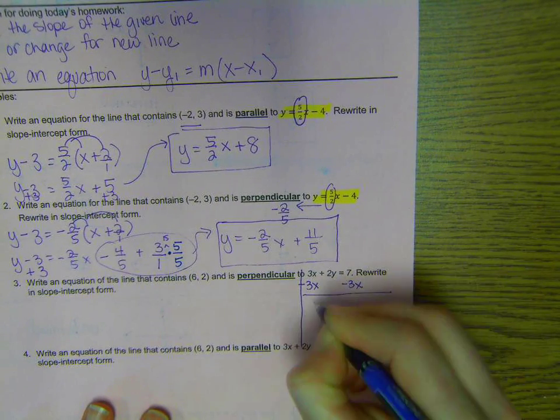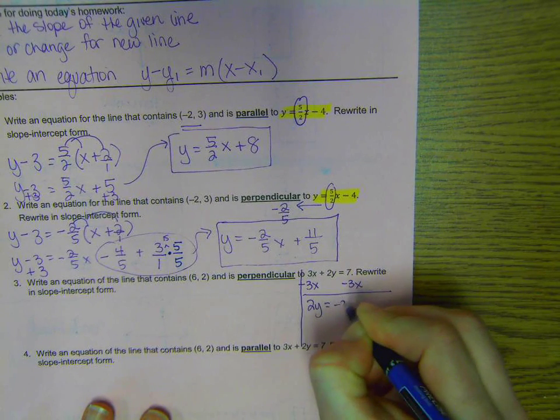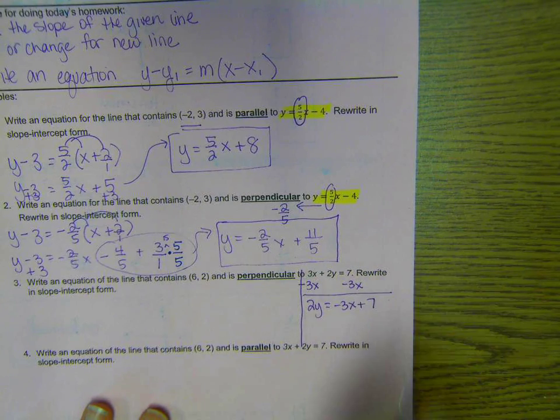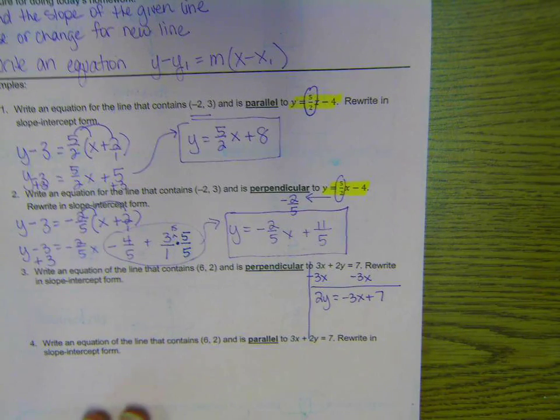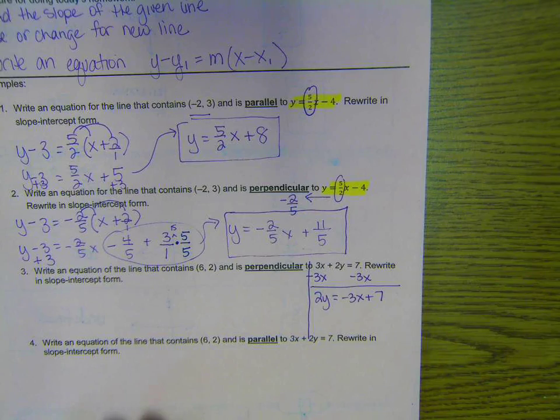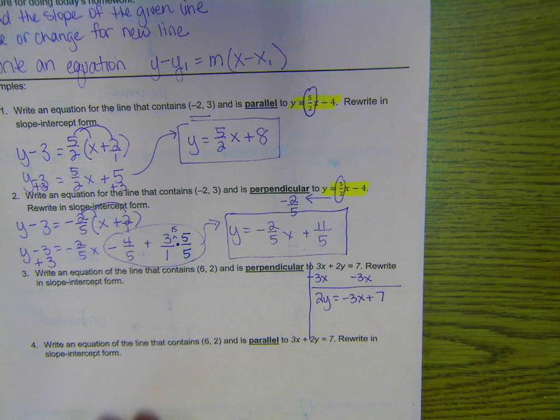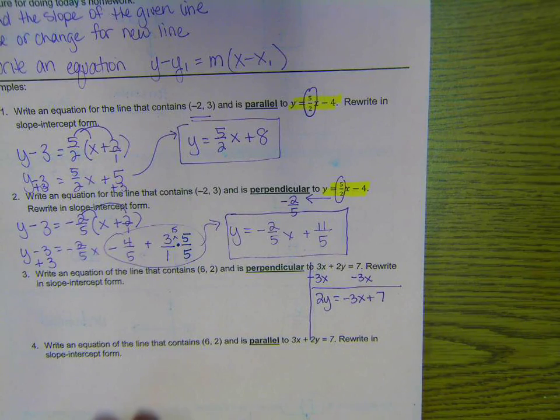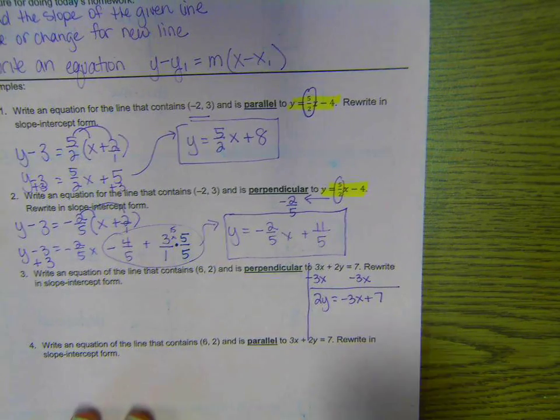And then, okay, then I do what? Divide by 2. So now I really don't care about the y-intercept, I really just care about this number here, because isn't this number here the slope?